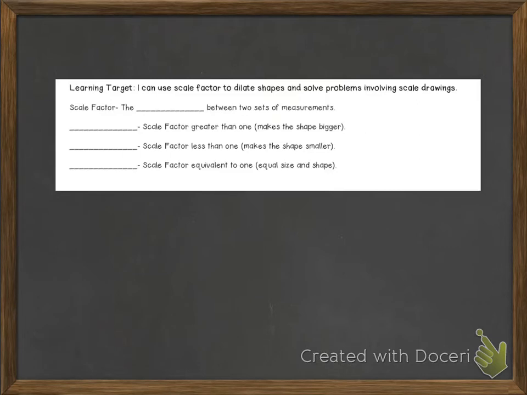So scale factor is a difference. A scale factor greater than 1 makes the shape greater. So that's an enlargement.